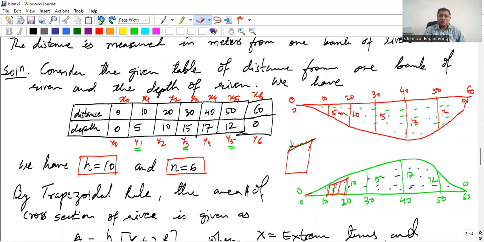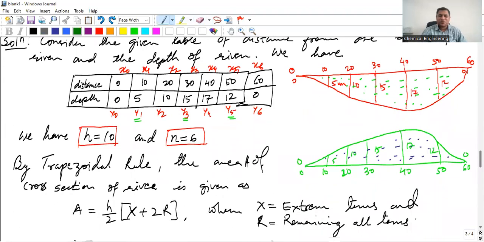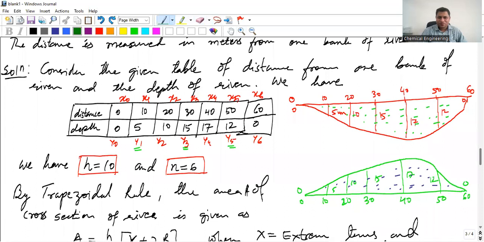Got this one? Yes, sir. I had a doubt here. Yes, please. Sir, we have this table. By using Newton forward difference or backward difference, we can get a function. And if we integrate that function, will the answer be the same?